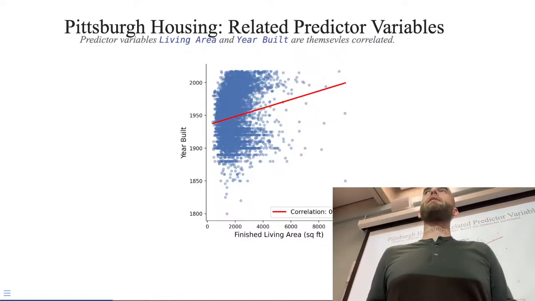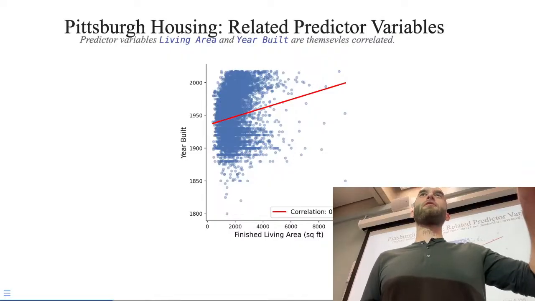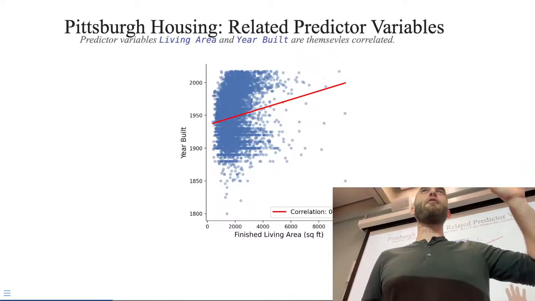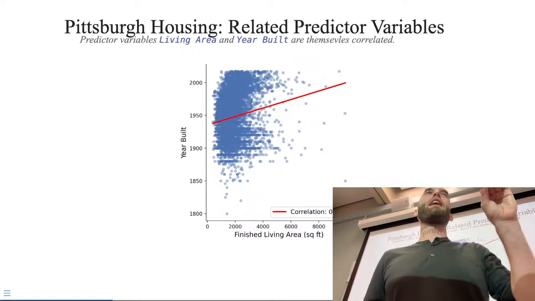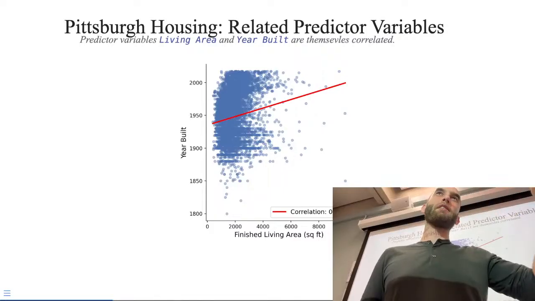But my question is, if newer houses are larger, but we also see that larger houses are more expensive, is the expensiveness of newer houses due to the size? Is the reason that newer houses are more expensive simply because they're bigger? Or is there something else going on?